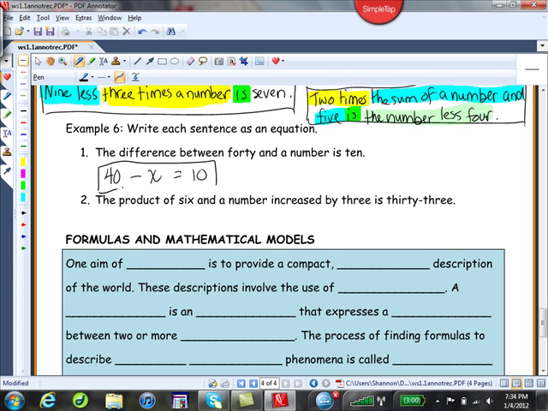If you want to break it down a little, the difference between 40 and a number is this part, and then is 10 is that part. You can try the next one.